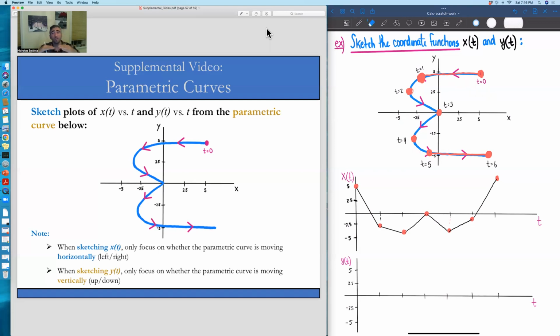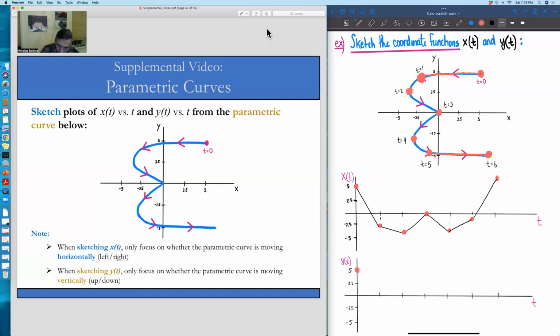So for y, we're only going to care about what's happening from point to point in terms of vertical movement. So when we're at t equals 0, our y value is about y equals 5. So let's place that on our plot. At t equals 0, we're at y equals 5.